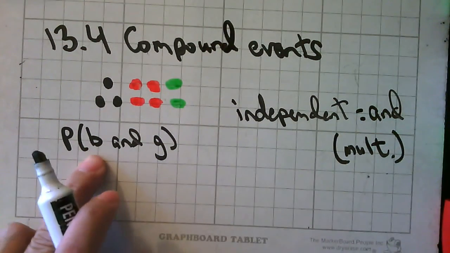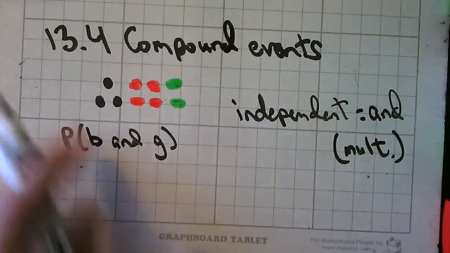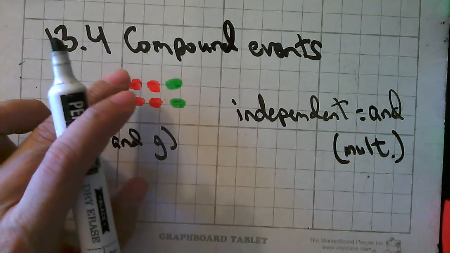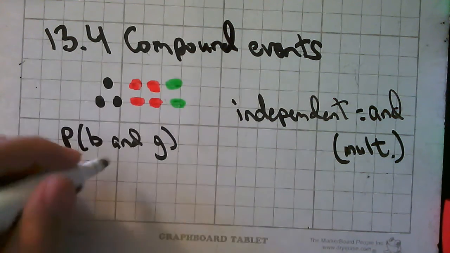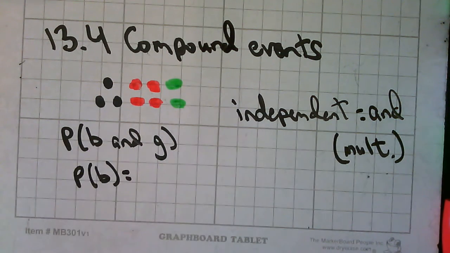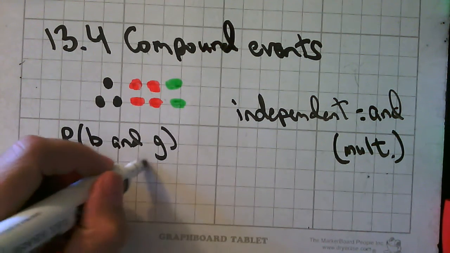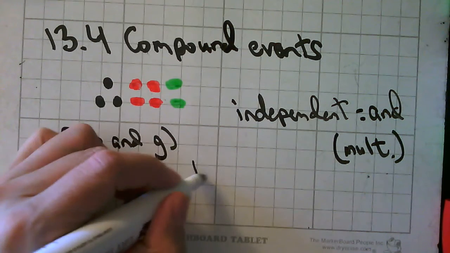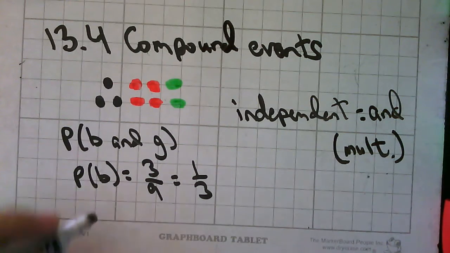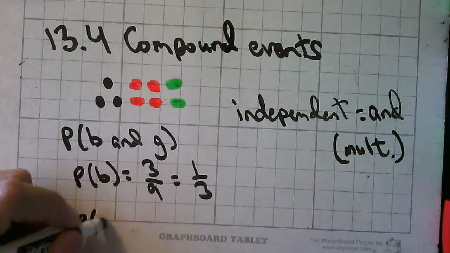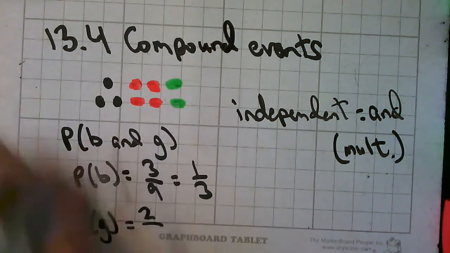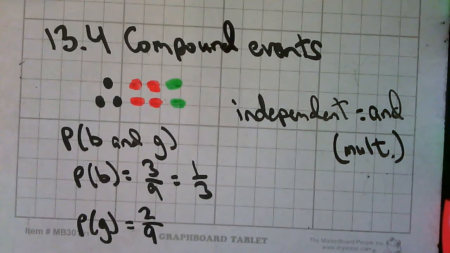So the probability of the first event is getting a black one. Here I'm going to have 1, 2, 3 out of, what did I say this was? 4, 5, 6, 7, 8, 9. So the probability of getting a black one is 3 out of 9 or 1 out of 3. And the probability of getting a green one is 2 greens out of 9 total marbles.